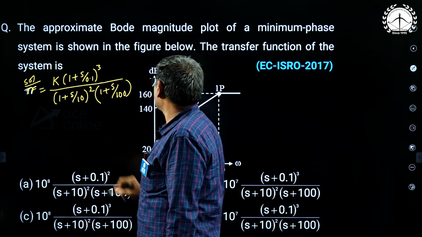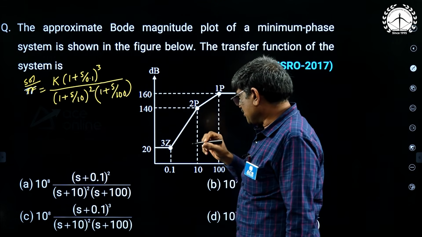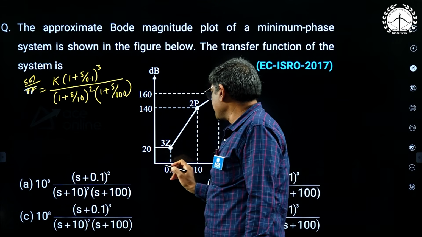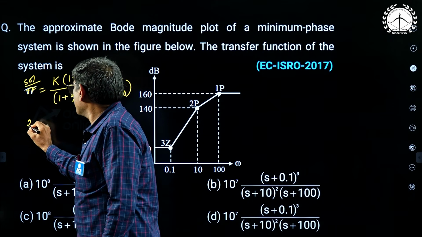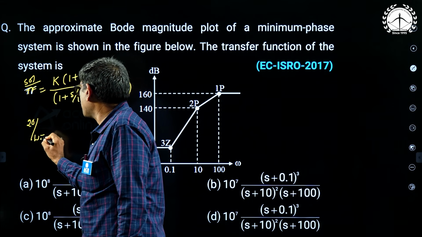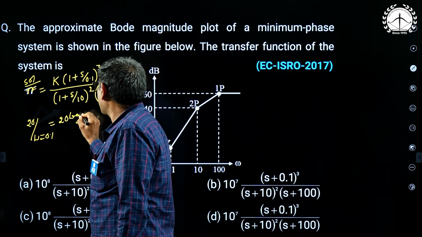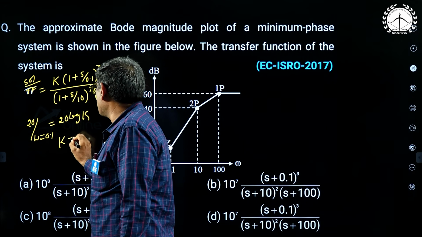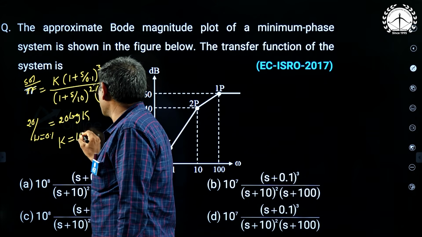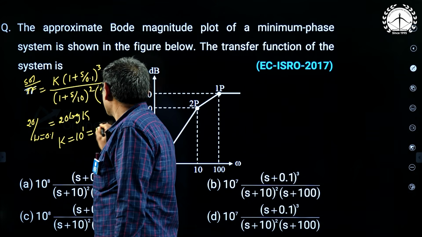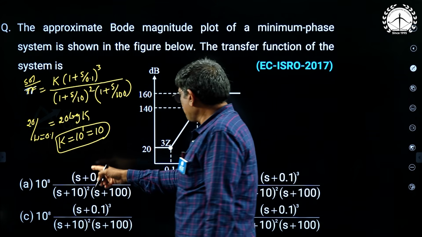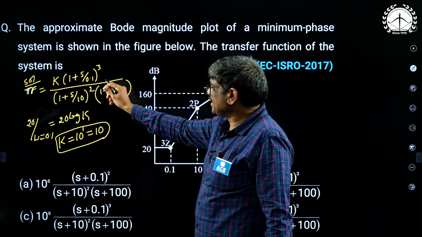That is the transfer function. You have to find the k value. So how to find k? Where do you know the magnitude? 20 at 0.1. 20 at a frequency of 0.1 equals simply 20 log k. So k equals how much? 10 power 1, which means 10. K is 10.